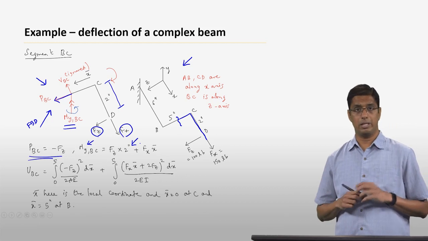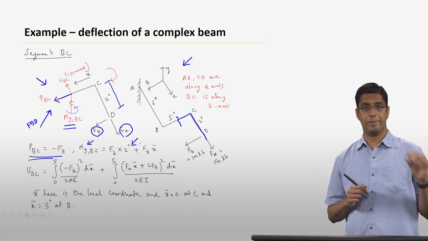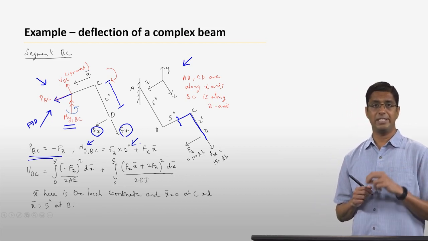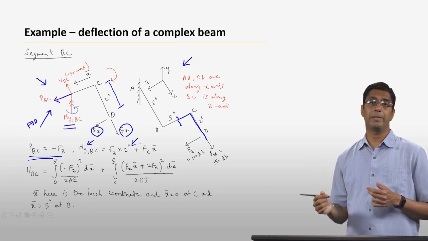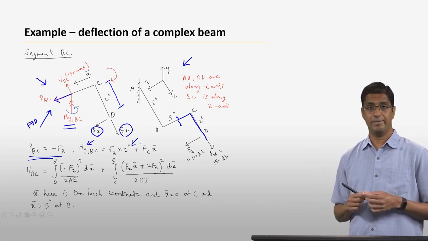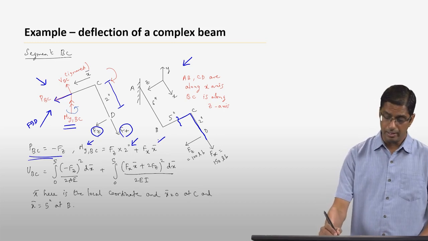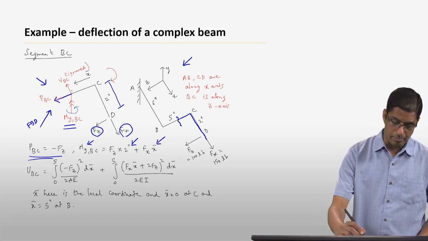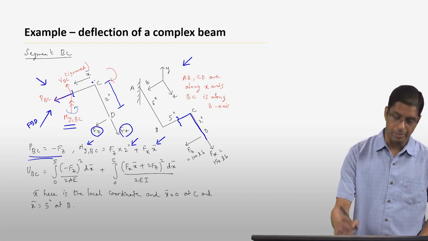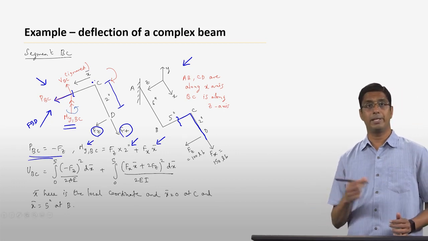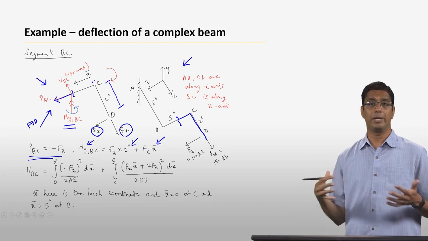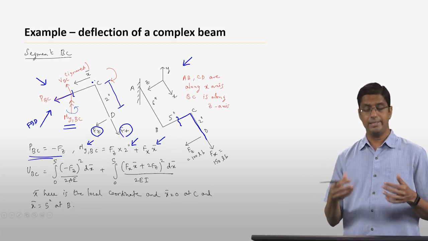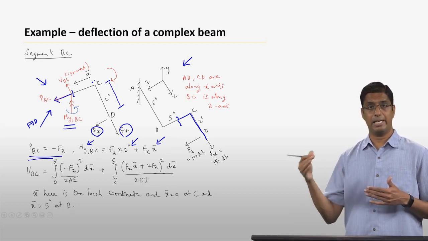So one contribution to the bending moment comes from Fz, and that is nothing but Fz times 2 inches. On the other hand, the bending moment contribution due to Fx is going to depend on the distance of this point from this point C. How far that point is from point C will determine the bending moment due to Fx. So that is why the second term is Fx times x bar.